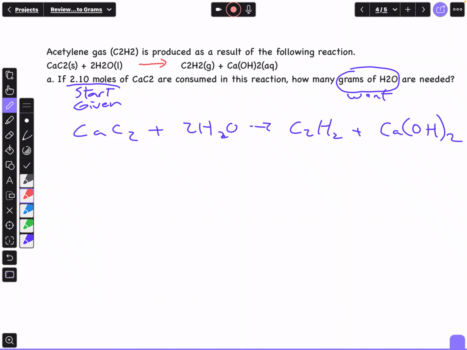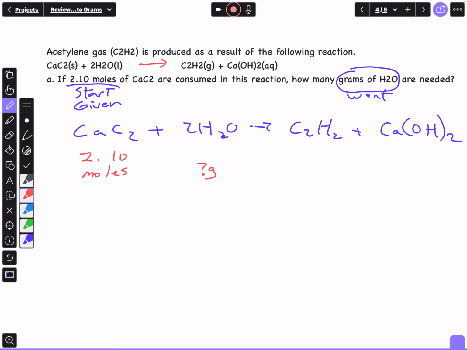Basically, it's saying that I'm given 2.1 moles of this substance, and I want to know how many grams of H2O are needed to react with it. So I'm looking for grams of this.